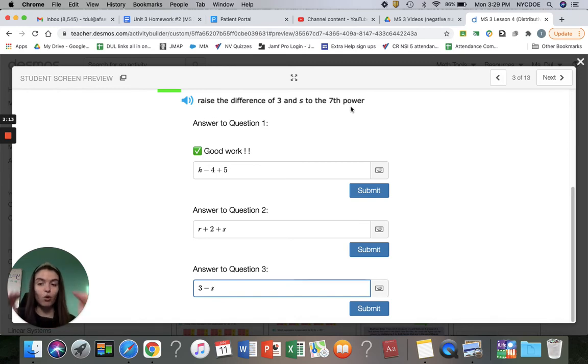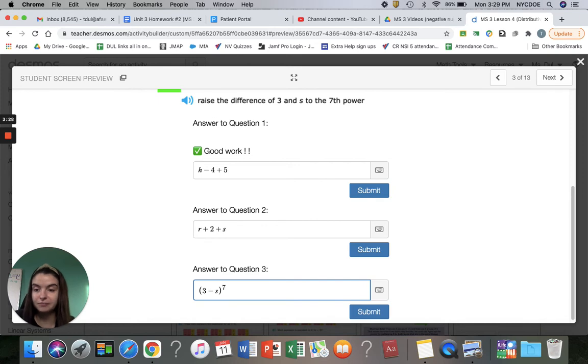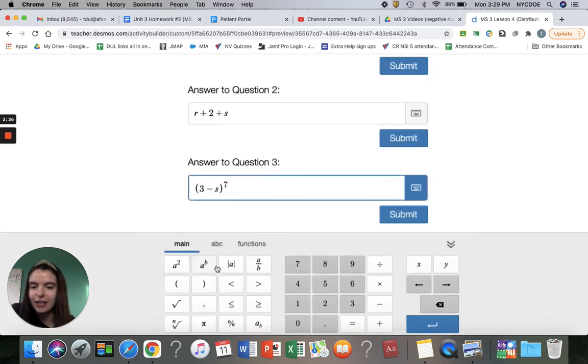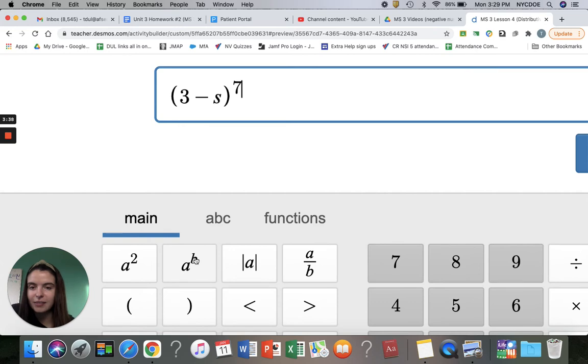We're raising that whole thing to the 7th power, so here we have to have parentheses. We're not just raising the 3 to the 7th power, and we're not just raising the negative s to the 7th power. We're raising that whole thing to the power of 7. And to get this little superscript, our exponent, we can click on this button, a to the b.